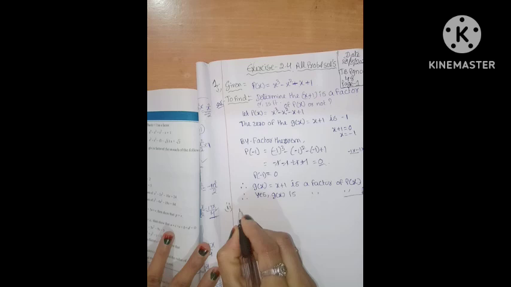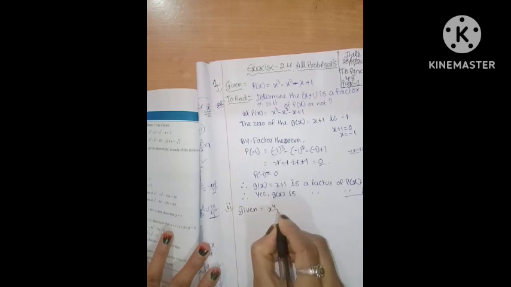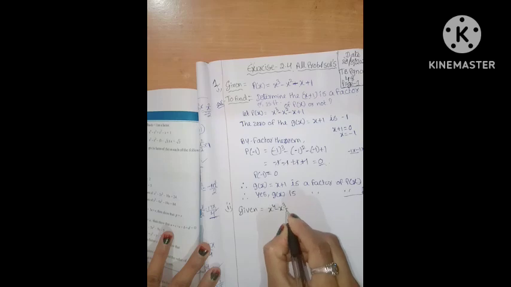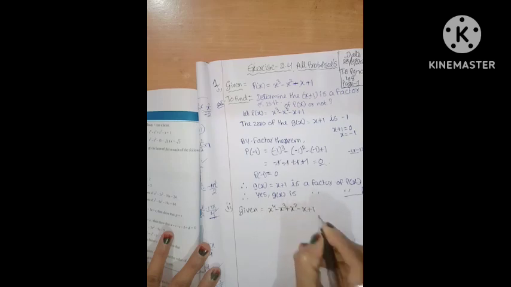Second one, given data: how to write it in our given problem. Given: p of x equal to x to the power of 4 minus x cube plus x square minus x plus 1.